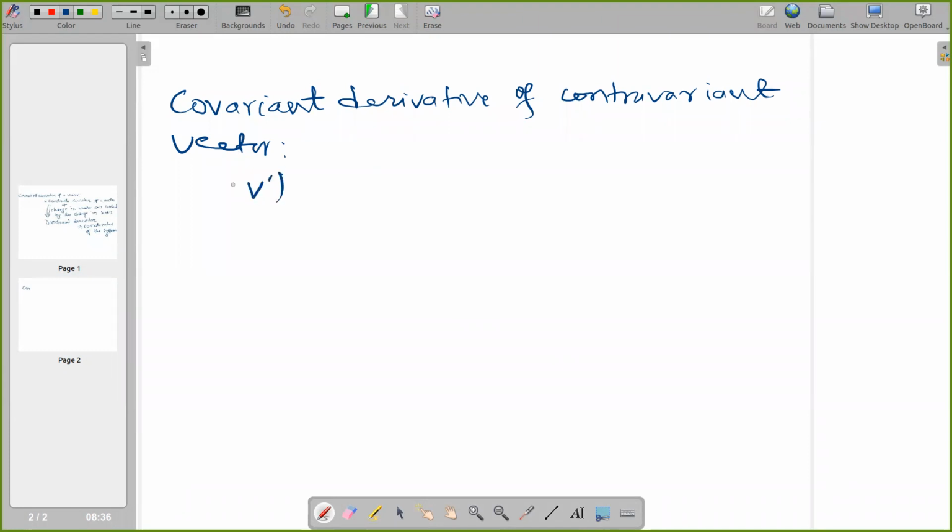Here V prime i is the component of the contravariant vector, and this is its transformation equation. Now, this transformation equation can be expressed in terms of generalized coordinates.